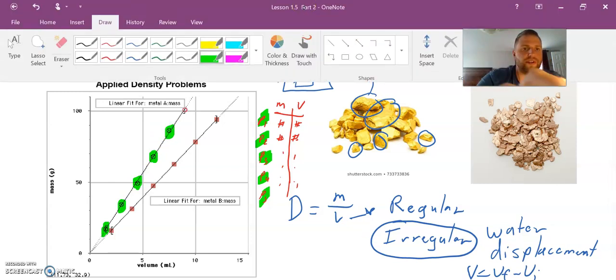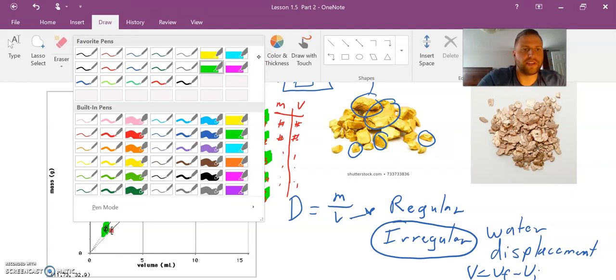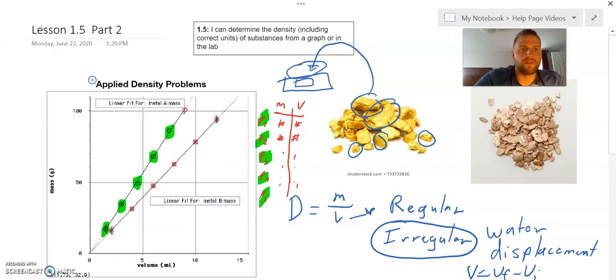What we would have to do is repeat this same process for the other metal we see here on the side. And what we would do is also we'd come up with piece 1, piece 2 data, piece 3, piece 4, piece 5, and we would also graph all these numbers here onto our graph.